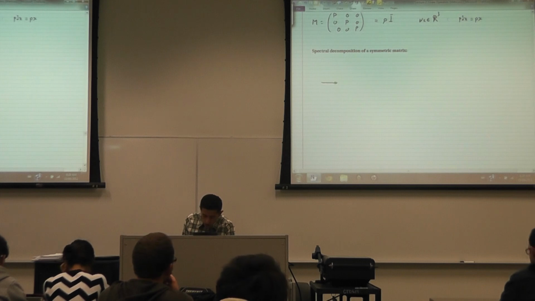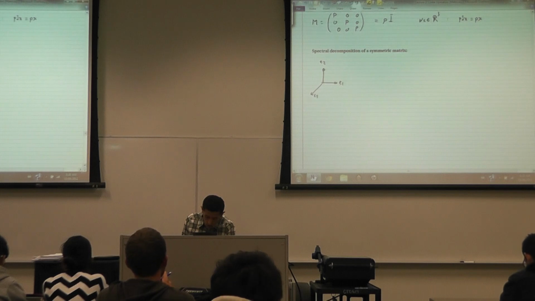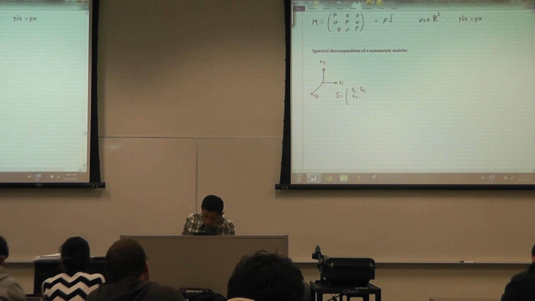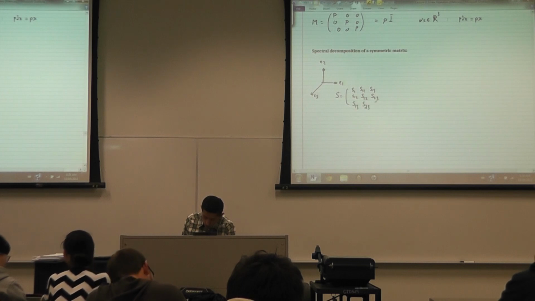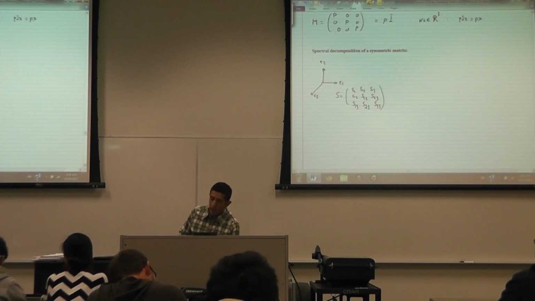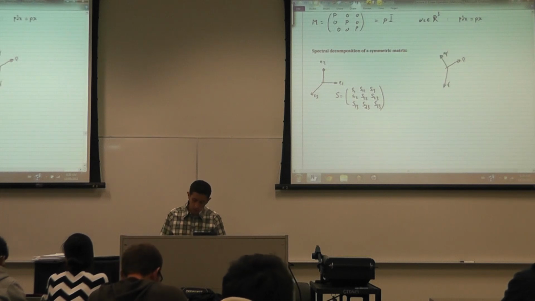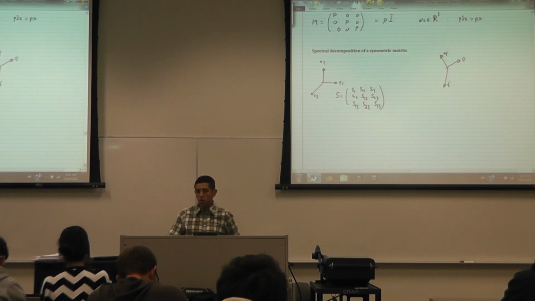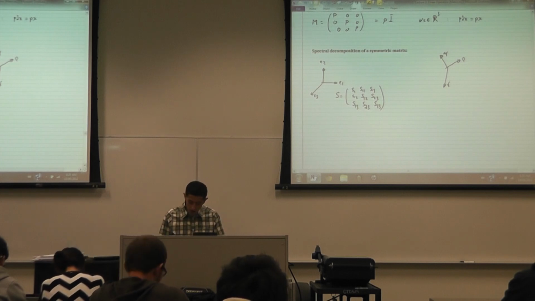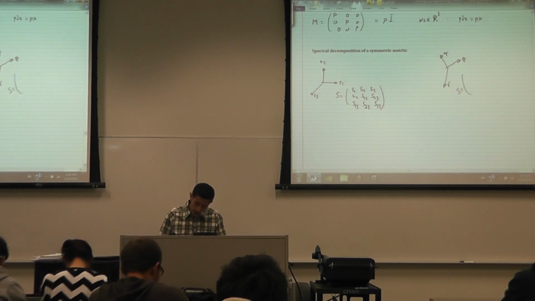If I have a coordinate system here, where S is symmetric, and I choose a different coordinate system aligned with those 3 chosen eigenvectors of S, you'll find that S in this case is diagonal.